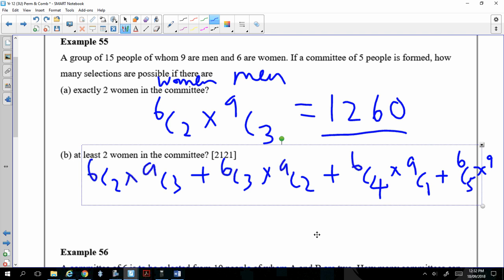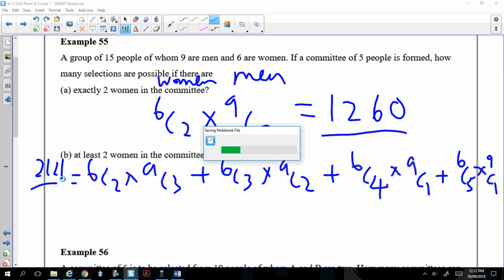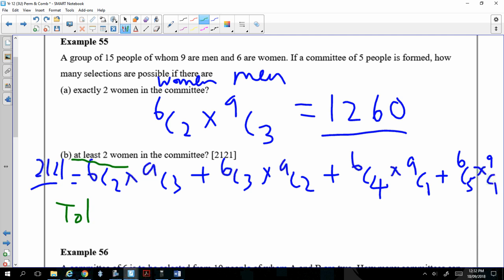Anyone did it differently and want to share? When you see the words at least, sometimes it's better to do the complement. You do the total minus 1 woman or no women. Because that should be 9C0, sorry. Select no man.